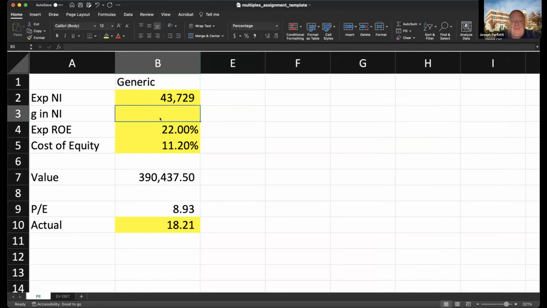We work backwards: if we know the real world PE and the key value driver equation, we start with the expected growth, the expected return, the current cost of equity and current spread, and based on expected return over time, solve for the G. Then we use the solver to get those G's to match. So that's one approach.